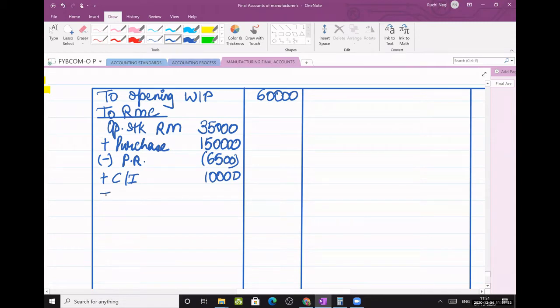You can even take less closing stock of raw material 55,000 and then take the total in the outer column. So this will give me raw material consumed. So this is what I wanted to say.